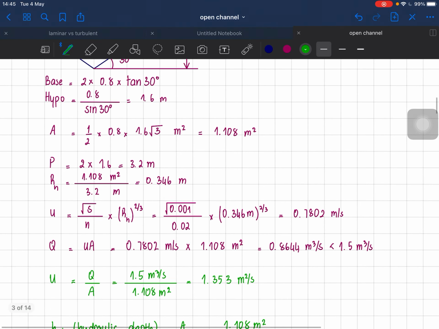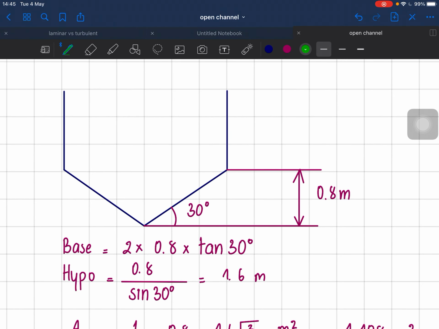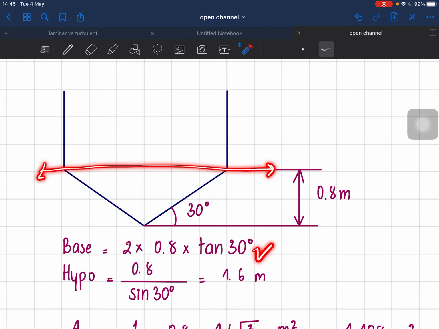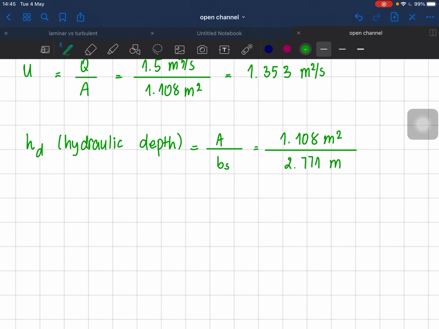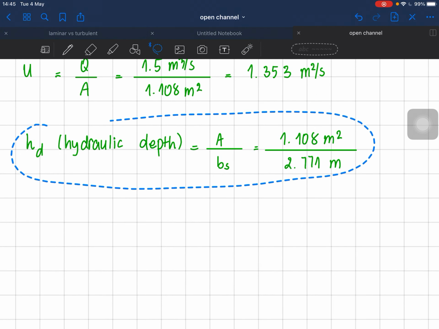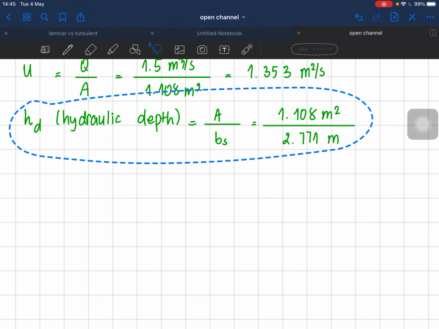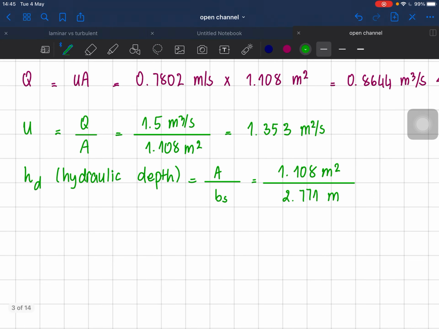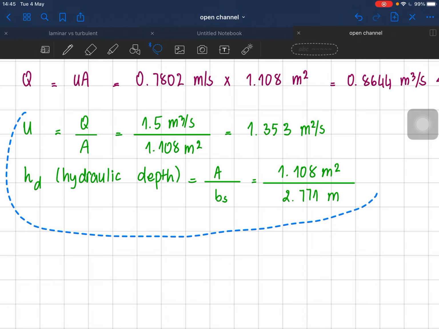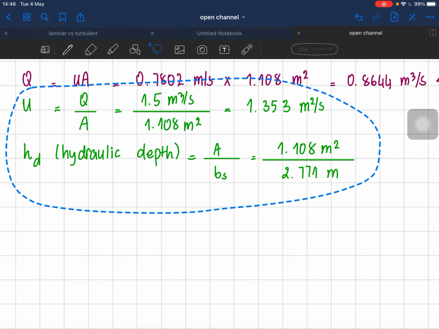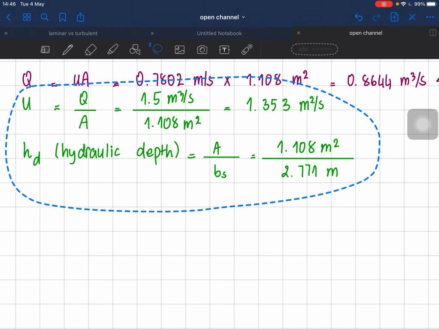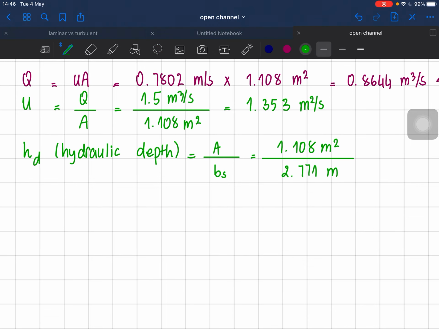This is from here, the depth here, this piece. Okay, and then we can find the Froude number.